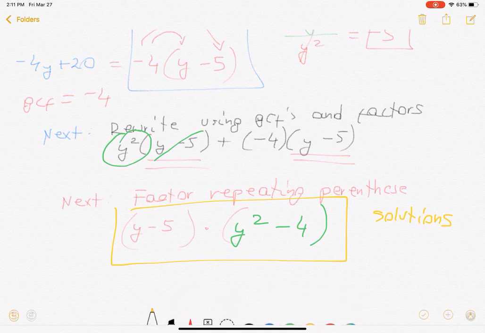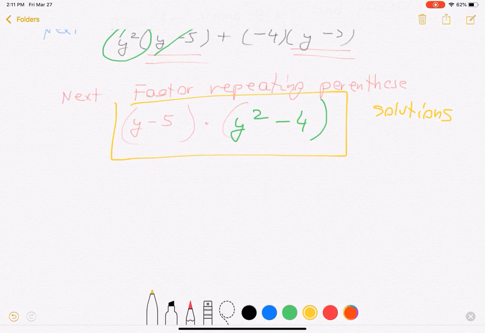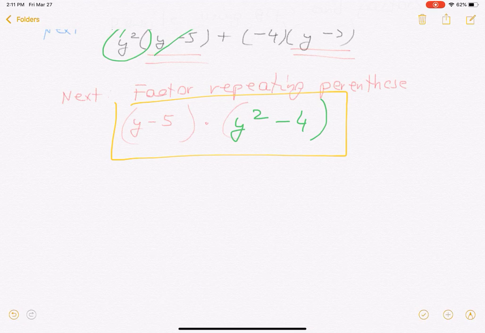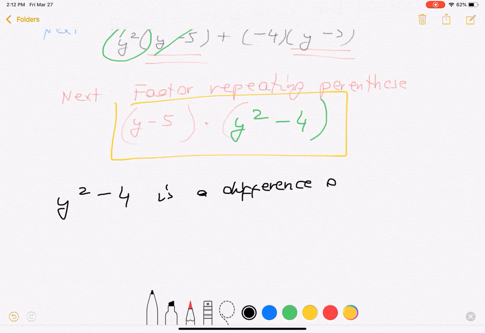Okay, not yet, sorry. I forgot that I taught you the difference of squares. So we did factor, but we didn't factor completely. So one extra step: y squared minus 4 is a difference of squares.